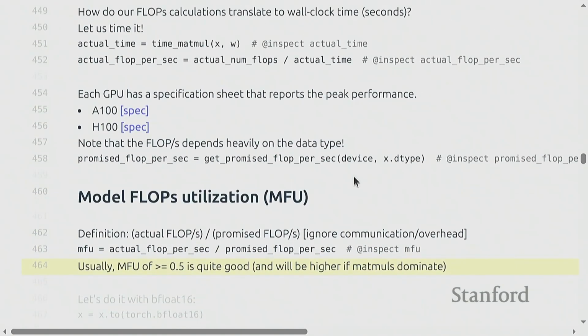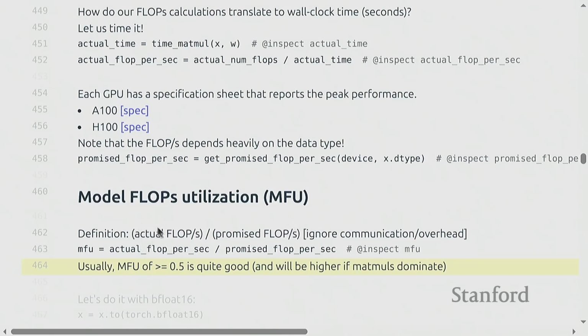Yeah? You're using the promised flops per second, not considering the sparsity. So this promised flops per second is not considering the sparsity. Yeah. One note is that there's also something called hardware flops utilization.